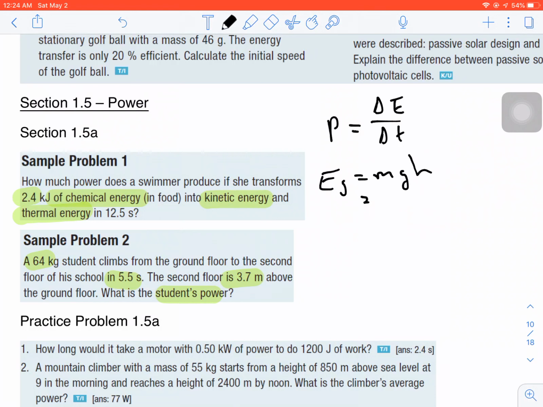In this case, this person has 64 kilograms of mass on Earth, 9.8, and is traveling to a height of 3.7 meters. I'm going to get a gravitational energy of 2.32 times 10 to the third joules.